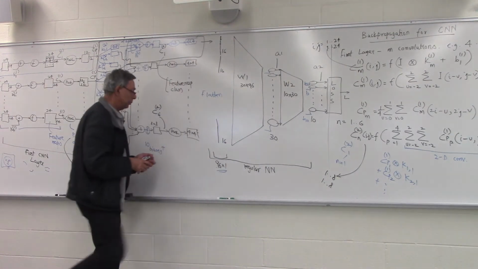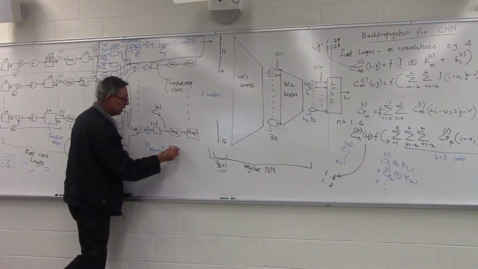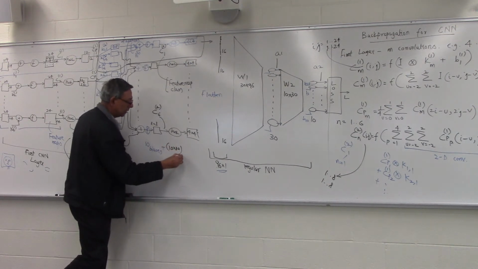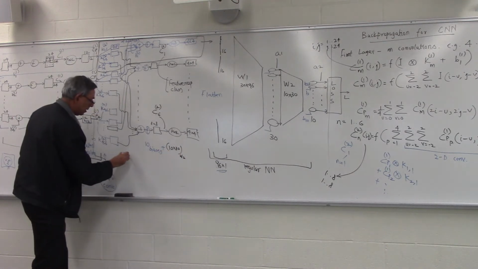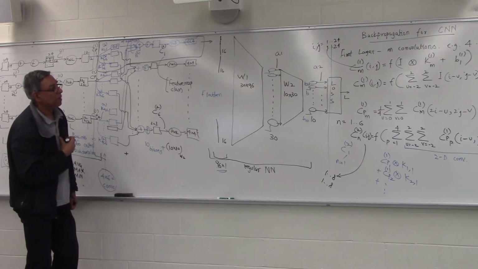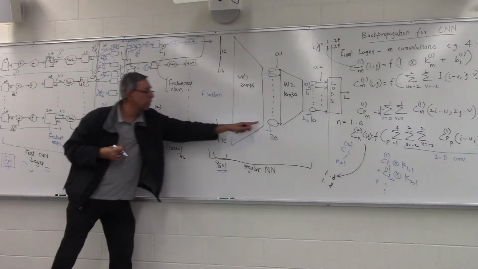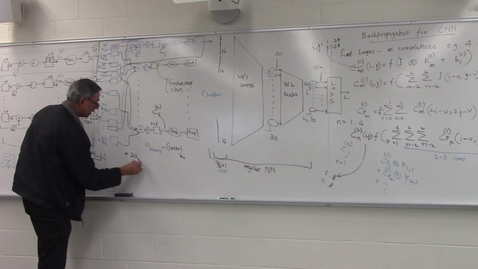How many weights? 10 by 30, 300. So this is basically W2. Then how many biases in this particular layer? 30. So 30 biases.